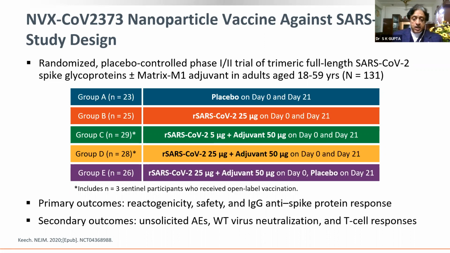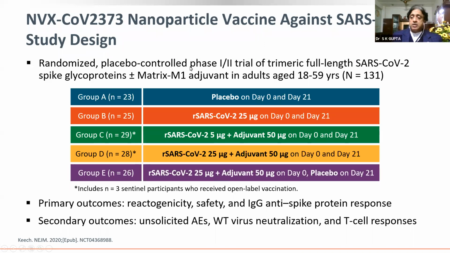Different numbers of doses have been tried with this vaccine. The special thing about it is that the company has been able to add a Matrix-M1 adjuvant. As I said earlier, all protein-based vaccines need an adjuvant to enhance the antibody response, and this Matrix-M1 is their own patented adjuvant.